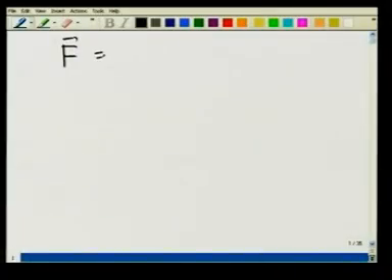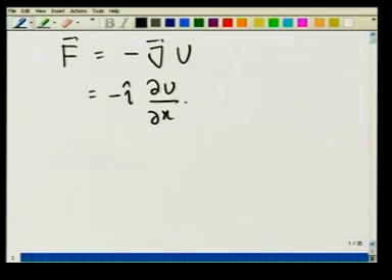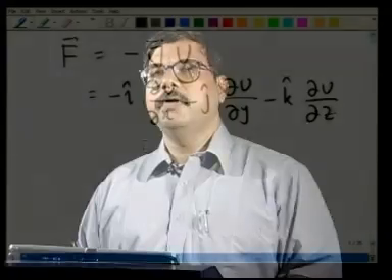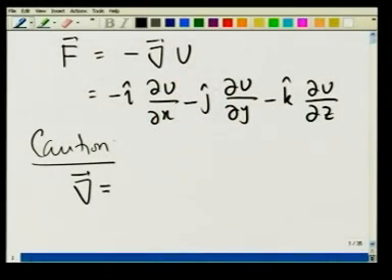Having obtained the force from the definition of gradient, which I wrote as minus i partial u partial x, minus j partial u partial y, minus k partial u partial z, I would like to give a word of caution. Since now you are familiar with different coordinate systems, do not directly write the gradient in other coordinates.